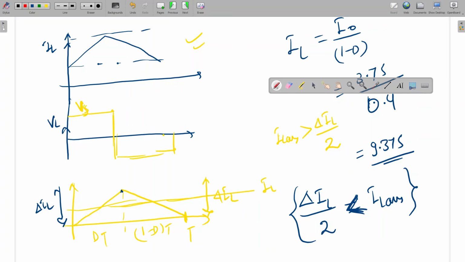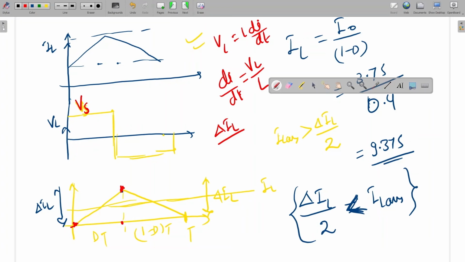One formula you know is VL equals L di by dt, so di by dt is equal to VL by L. During the on duration, VL is Vs. Di by dt means delta IL divided by DT, so delta IL divided by DT is equal to Vs by L. Is it clear?